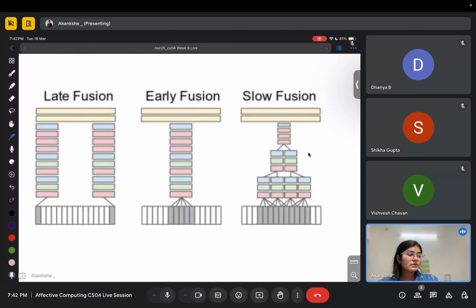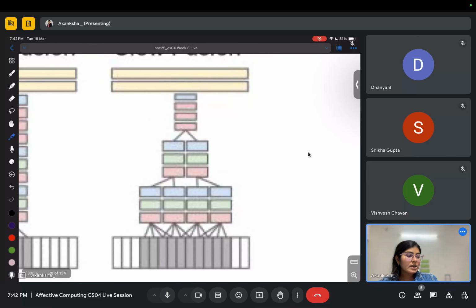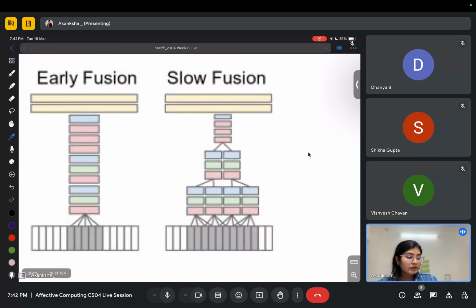Now slow fusion, if you see, is similar to early fusion, but then we have different branches. This is a different branch, this is a different branch. There are four branches going on, then it becomes two branches, then a single branch.